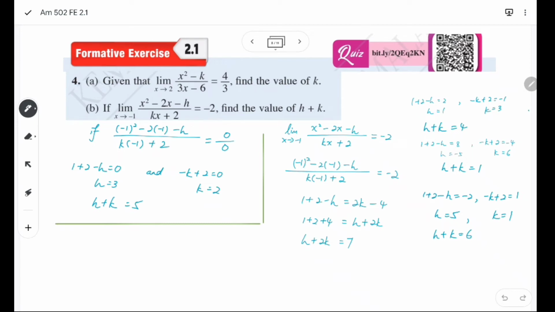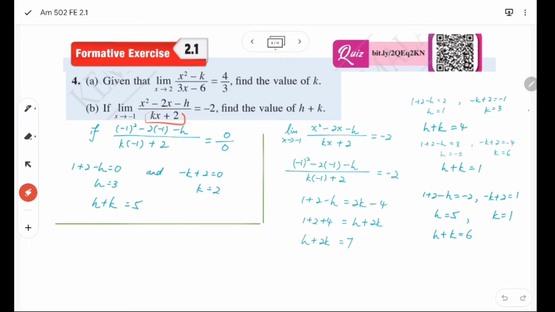This one will be a little long, because we have unknowns here. If we substitute negative 1 for x, we get 1 plus 2 minus h, which involves an unknown. And then as the denominator, we get negative k plus 2.